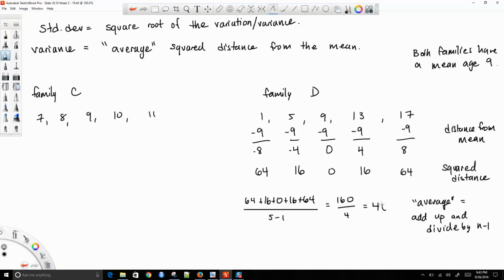And so our variance is equal to 40. And so my standard deviation will be the square root of the variance, the square root of 40. So my standard deviation here is 6.3246. Is that okay?